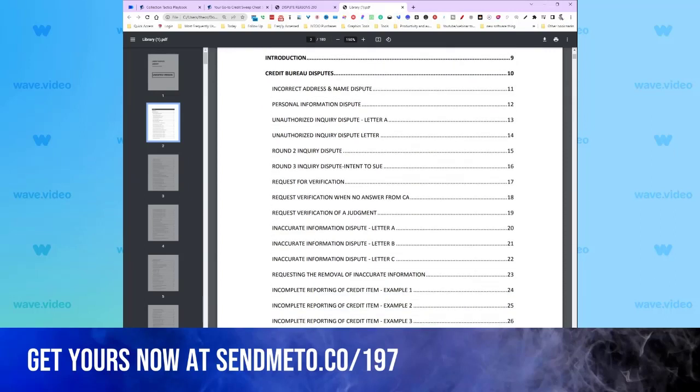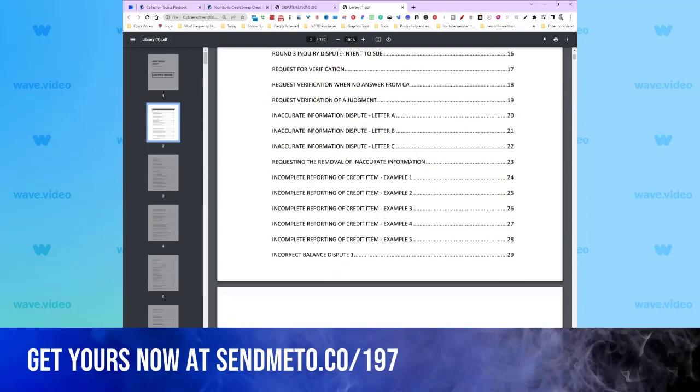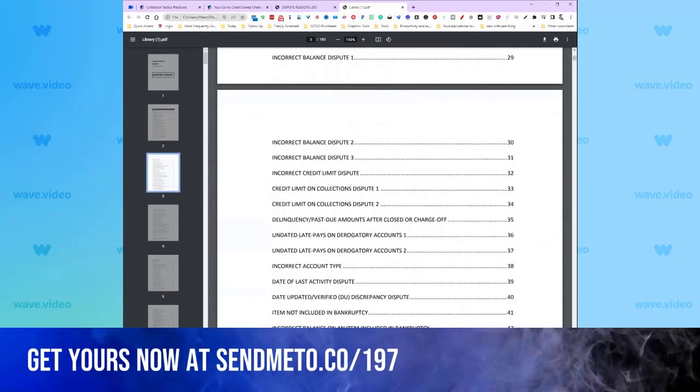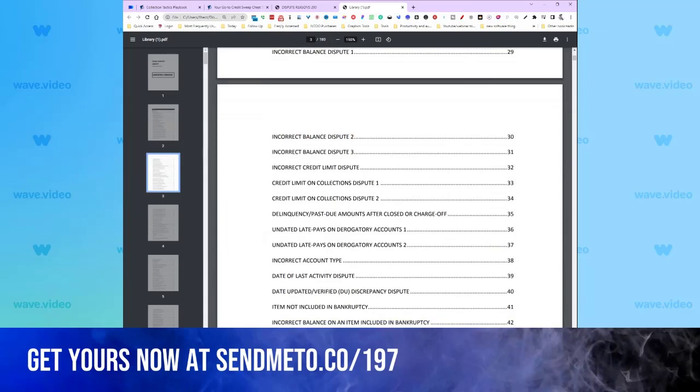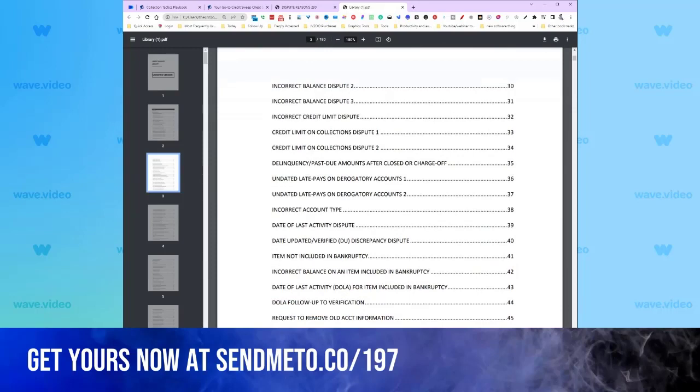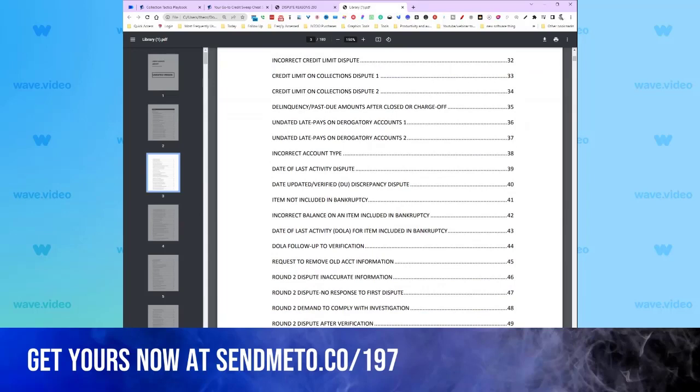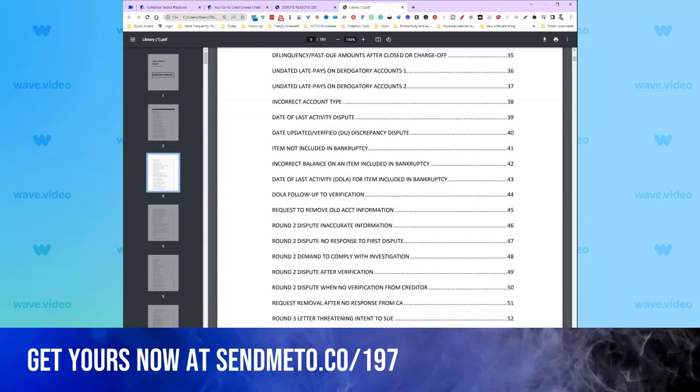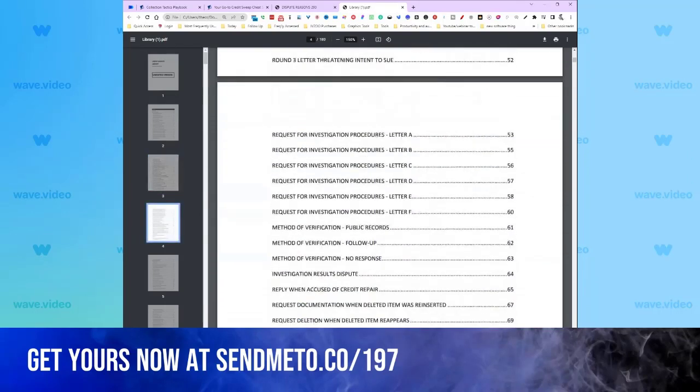This would be like correcting your personal information, disputing inquiries, request verification when no answer from the collection agency, request verification of a judgment, disputing inaccurate information, disputing incomplete reporting of an account, credit limit on collections, delinquent past due amounts after the account was closed or charged off, undated late payments, date of last activity dispute, the updated verified discrepancy dispute, item not included in bankruptcy, incorrect balance on an item included in bankruptcy. I mean, literally everything you could possibly think of, it is already in here.